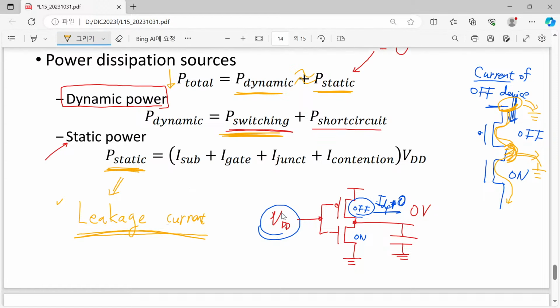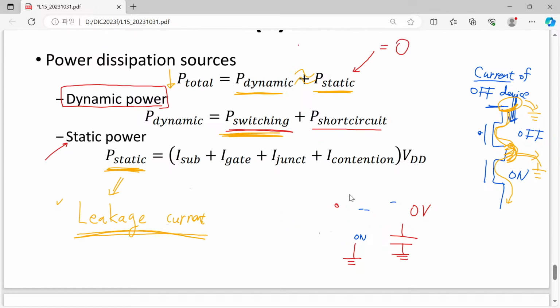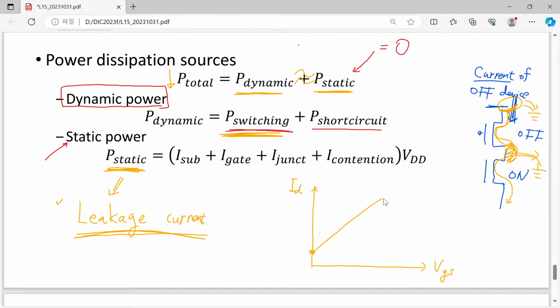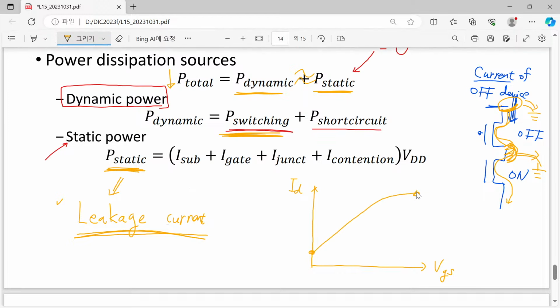So now, maybe you remember this one. In our previous lecture we drew these graphs, VGS and ID, in logarithmic scale, and I told you that here we have a certain voltage VDD, and this current is given as I-on.